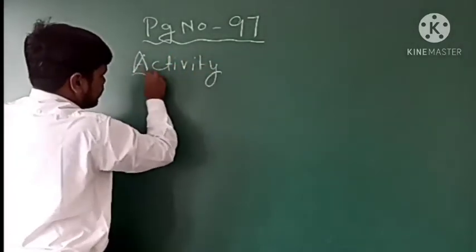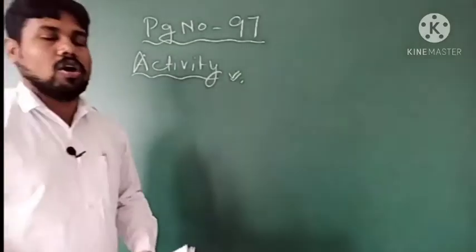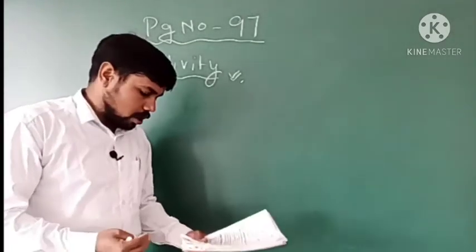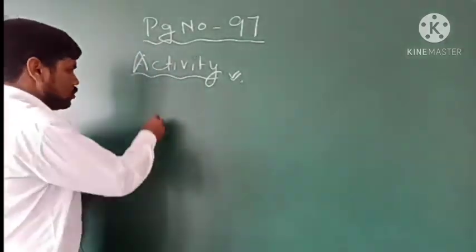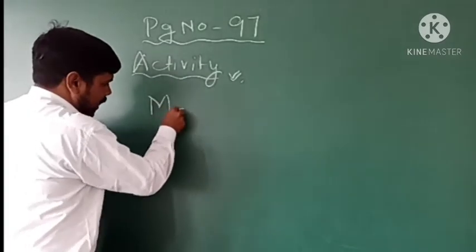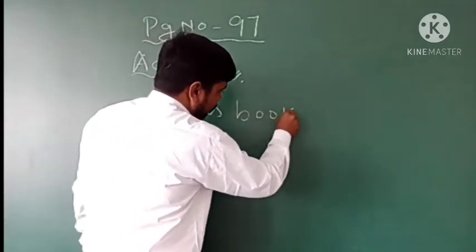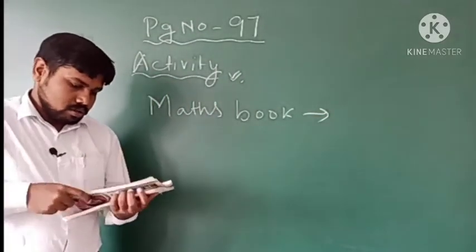In this activity, you just have to check the cost of each of the books which we have and some of the copies also. First we have the maths book. You can check the price of the maths book, which will be at the back or the front of the book.